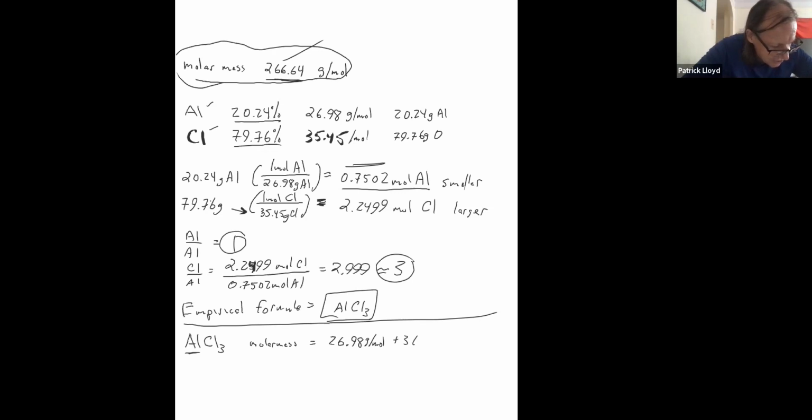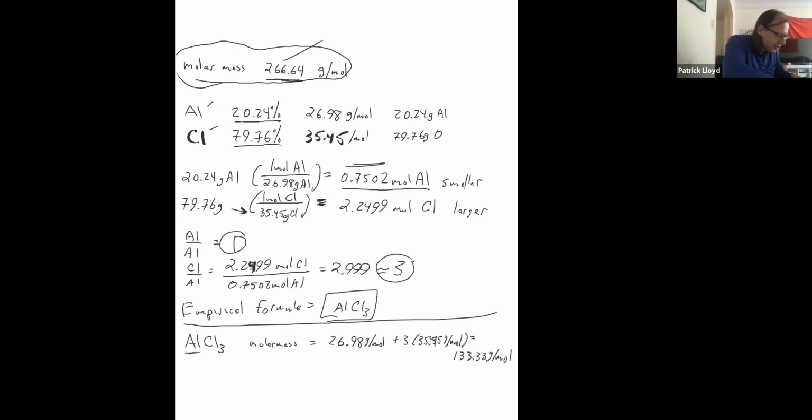And then chlorine is 35.45. Okay, so we're going to figure out how much that weighs. 133. So that's the molar mass of aluminum trichloride, AlCl3.